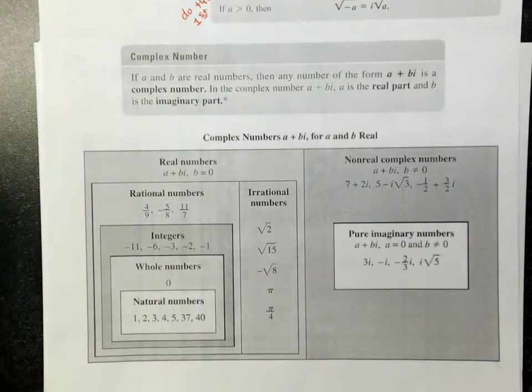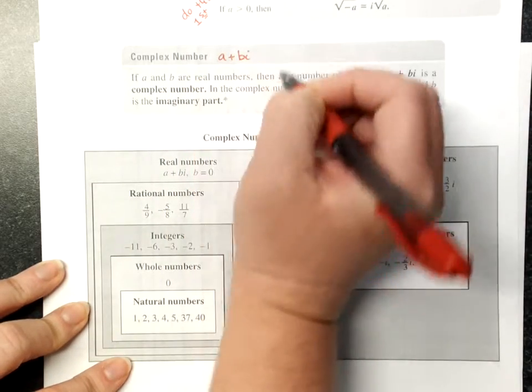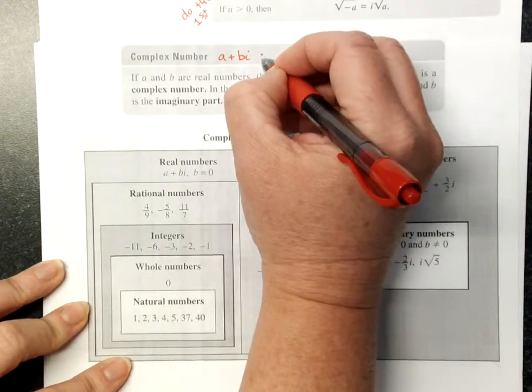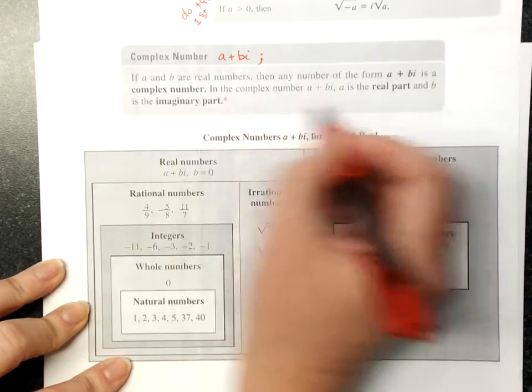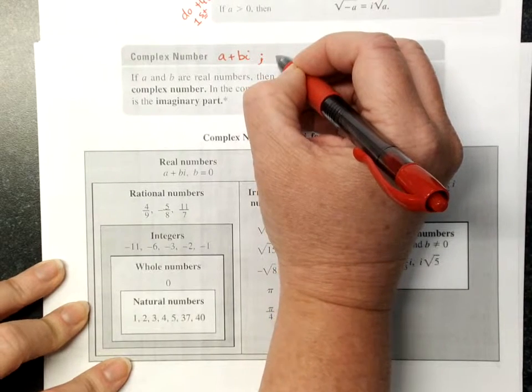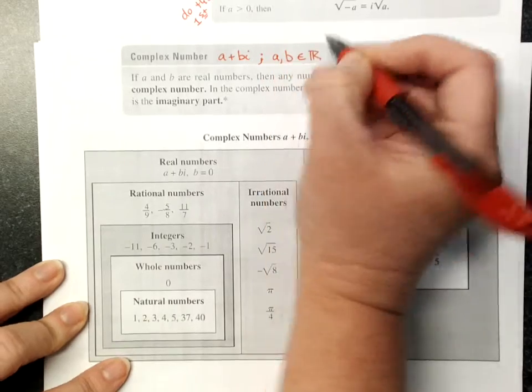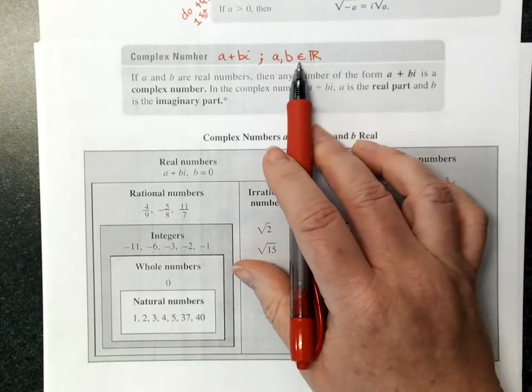The definition of complex numbers, I'm going to just add to this right here, is a plus bi, simplifying all the wordiness, where a and b are real numbers. So there's that symbol again, remember, of the set of real numbers.